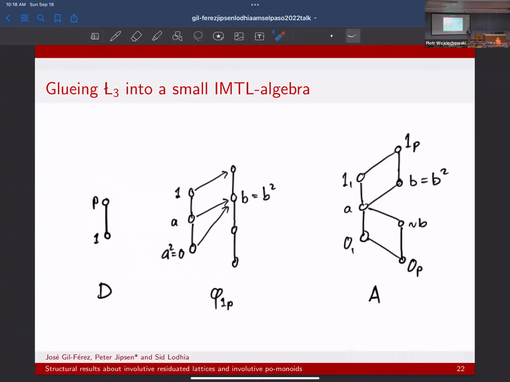I'm just combining 2 lattices, 2 chains really, and I get something interesting: here's my component, but the component can be intertwined with another component in the order, not necessarily in the lattice, because this is a lattice, and under joins and meets, these are closed individually.